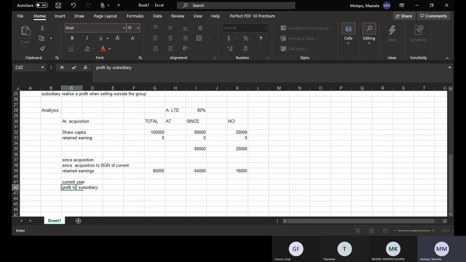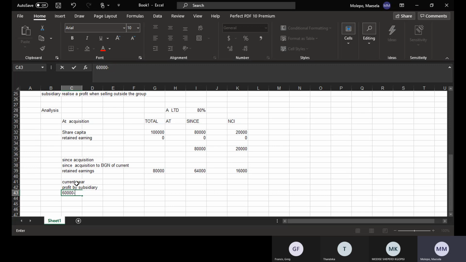In this case, because it was the parent selling to the subsidiary, the movement of the inventory being sold is not going to have any impact on the analysis of shareholders, because the analysis only deals with the things that happen, especially in the current year, which are done by the subsidiary. So our profit by the subsidiary will be the 60,000 profit before tax, less the 20,000 taxation for the year.